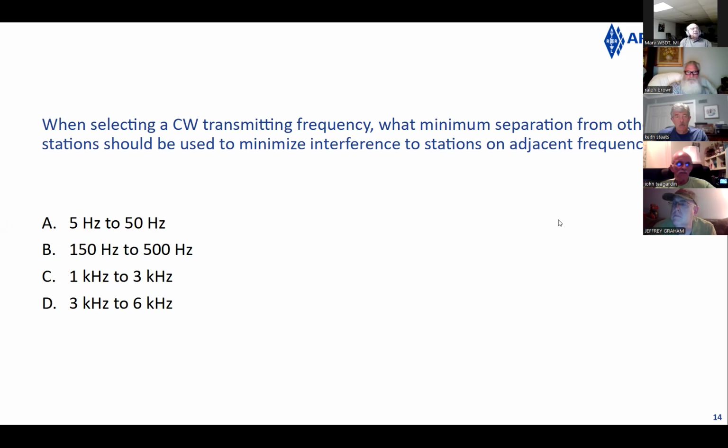When selecting a CW transmitting frequency, what minimum separation from other stations should be used to minimize interference to stations on adjacent frequencies? 5 to 50 kilohertz, 150 to 500 kilohertz, 1 kilohertz to 3 kilohertz, 3 kilohertz to 6 kilohertz.